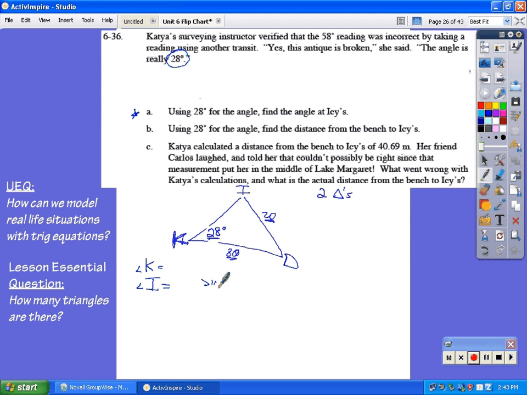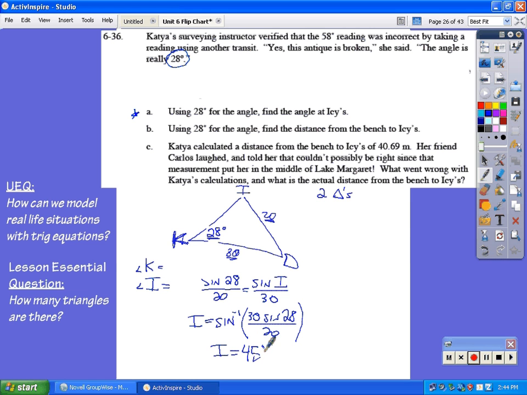So sine of 28 over 20 equals the sine of I over 30, which means I is going to equal the inverse sine of 30 sine of 28 all over 20, which means angle I equals 44.7 degrees, so let's say 45 degrees for this problem. There you go, check. Letter A, angle equals 45 degrees.